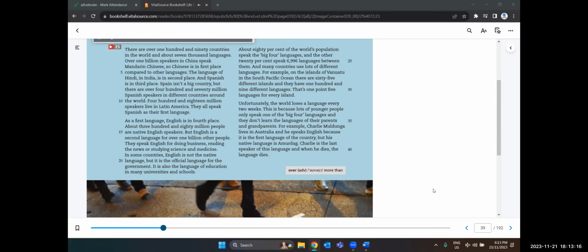This is because lots of younger people only speak one of the Big Four languages, and they don't learn the languages of their parents and grandparents. For example, Charlie Muganga lives in Australia, and he speaks English because it is the first language of the country. But his native language is Amharic. Charlie is the last speaker of this language, and when he dies, the language dies.